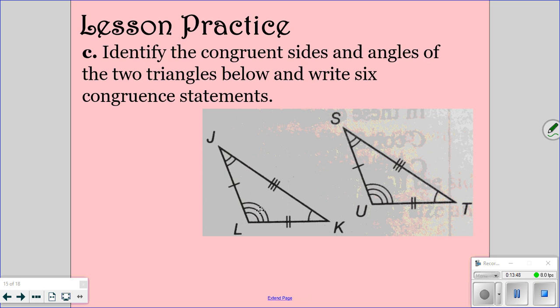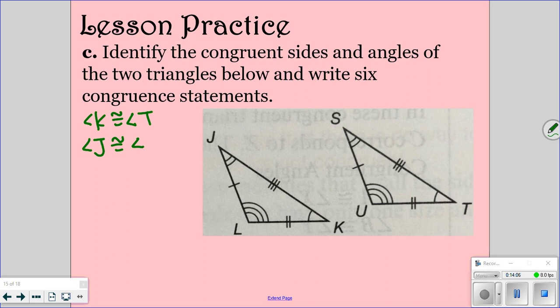Okay, now we're going to look at this practice problem. So y'all try this one by yourself and then unpause the video and I'll go over it. So we want to write 6 congruent statements. So angle K is congruent to angle T. Angle J is congruent to angle S. And angle L is congruent to angle U. And then KJ is congruent to side TS.